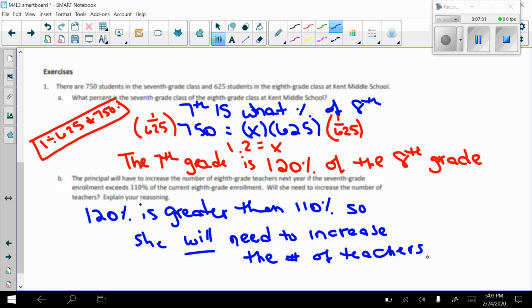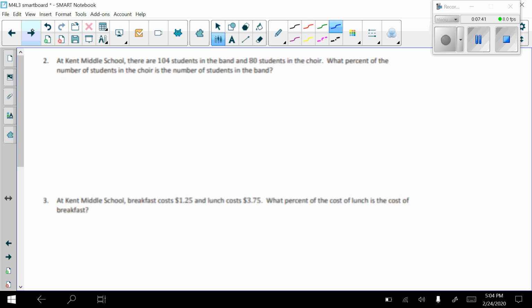How's this going for you? We write our equation, we substitute, we solve, and then we answer the question. At Kent Middle School, there are 104 students in the band and 80 students in the choir. What percent of the number of students in the choir is the number of students in the band?